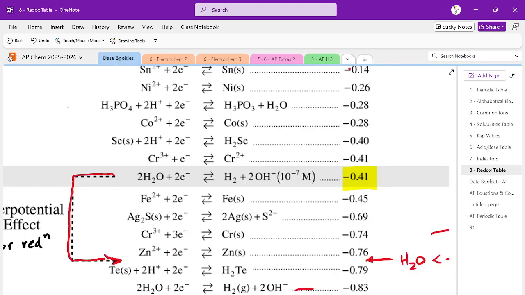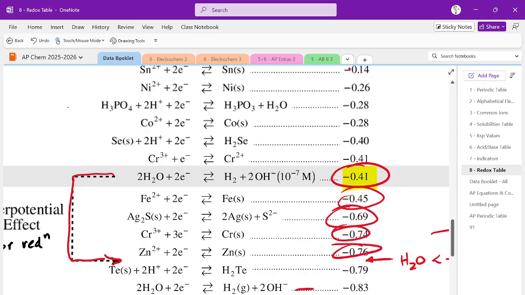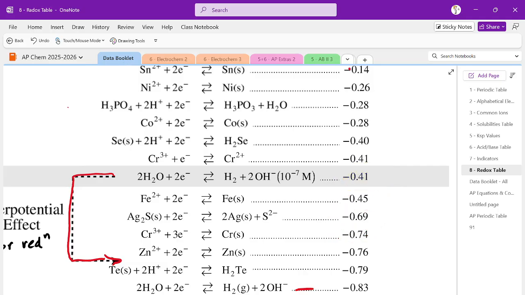Now, if we go here, it looks like water has a higher reduction potential than these 4 people here. But if they are present, water somehow gets dumped lower. So the moral of the story is that if you're asking who's the preferred reaction between water and chromium, chromium is going to be the preferred reaction.